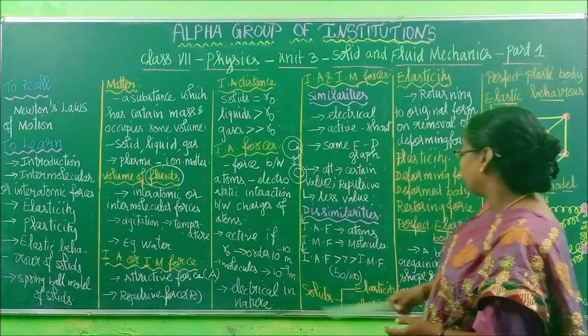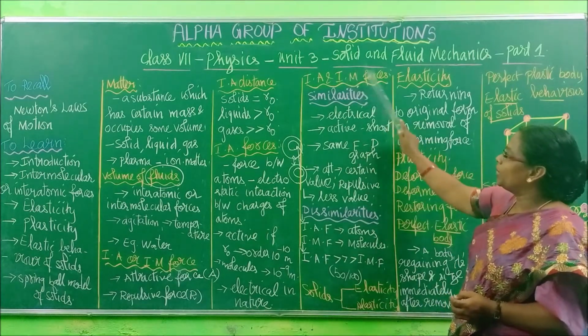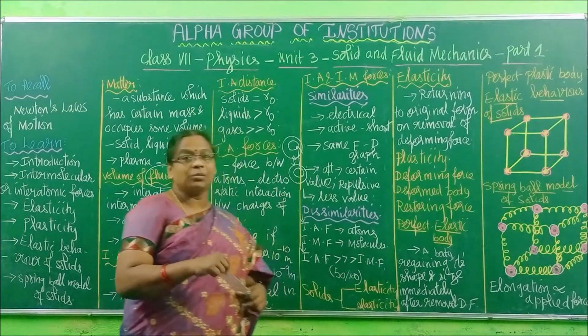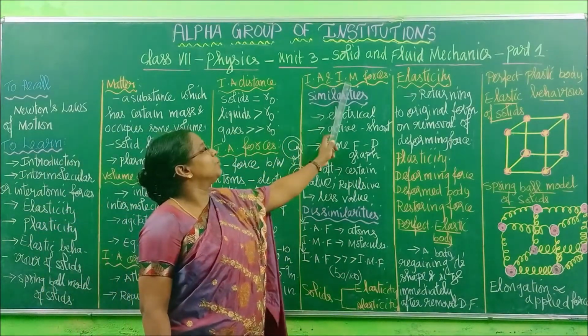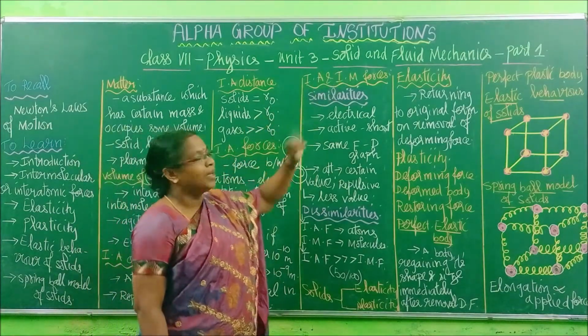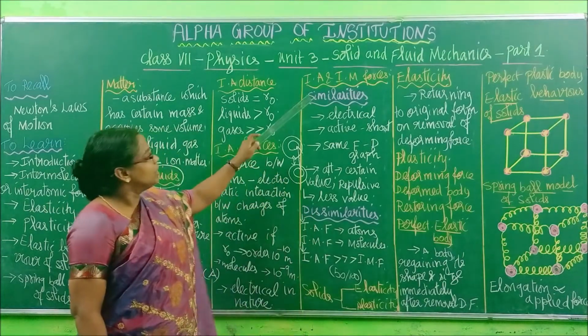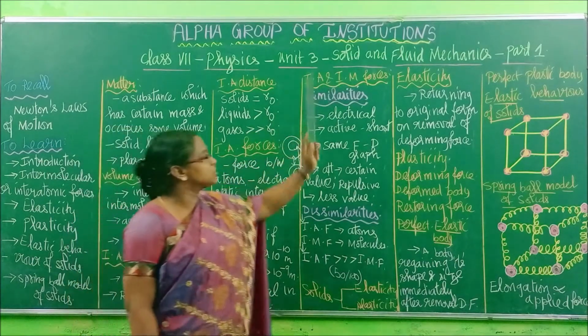Right? Okay, now come to the similarities and dissimilarities between these two forces. What are the forces? Interatomic and intermolecular forces. I have written them here as IEA and IEM. IEA means interatomic, IEM means intermolecular. What are the similarities these two forces have?